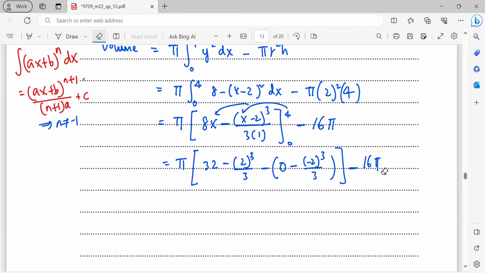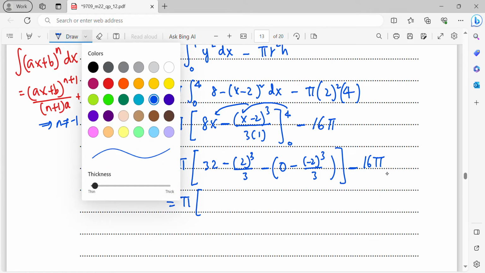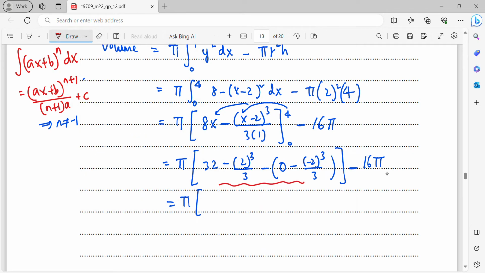Okay, so now just need to calculate all the values and you'll be getting the answer very soon. So here it will be pi. Alright, so when you calculate all these values, just open the brackets, you'll be getting 80 over 3. So I will write 80 over 3 here.